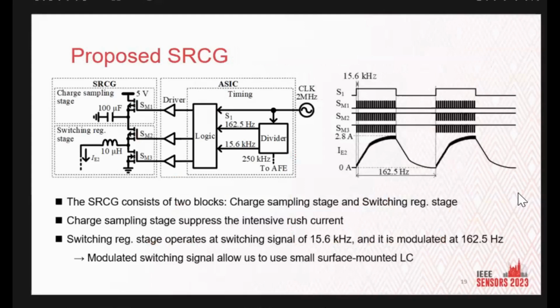The charge sampling stage supplies the intensive rush current from VDD to the load, and the switching regulator stage operates at a switching frequency of 15 kHz, modulated at 162 Hz. The modulated switching signal allows us to use a small surface-mounted inductor and capacitor.